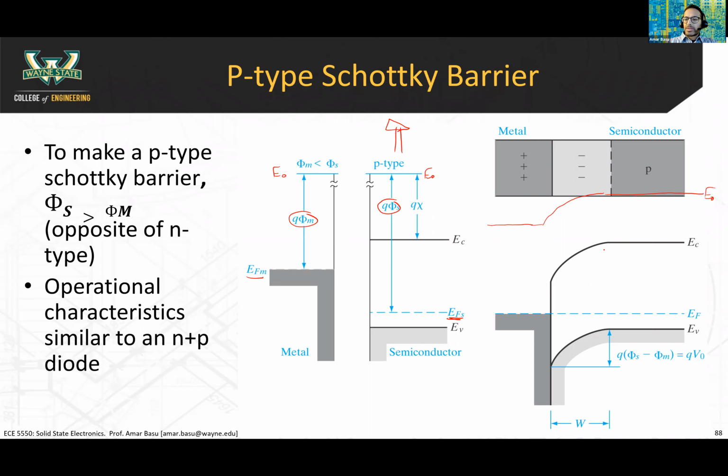The conduction band and valence band bend by exactly the same amount, because the distance between EC, EV, and E0 has to stay the same everywhere in the semiconductor. I'm going to erase that E0 so there's less clutter on the slide. That's where the bending came from.